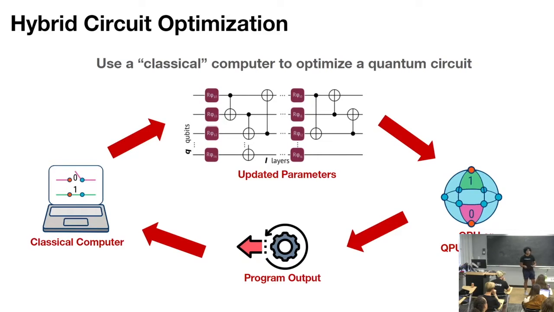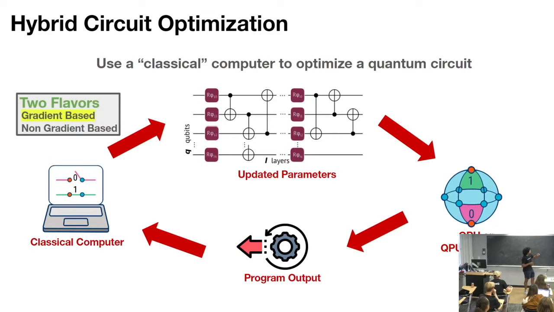If it doesn't, we feed that information back into a normal computer, we recompute these angles, and we continue this process until we arrive at our desired solution. It isn't necessary that we send jobs to a quantum computer to do this. We can use a quantum computing simulator as well.